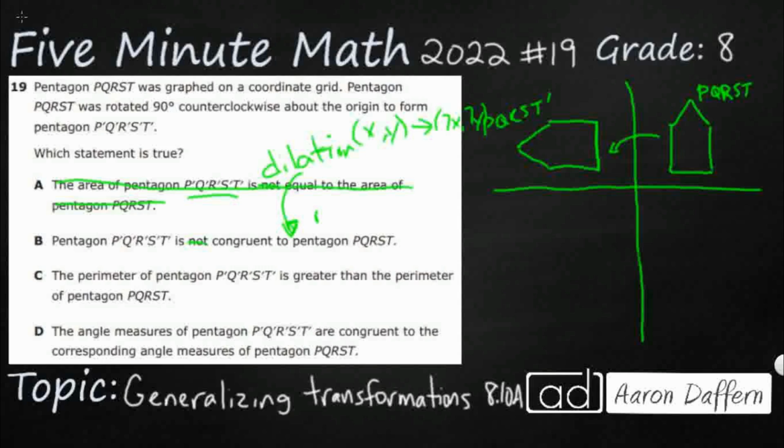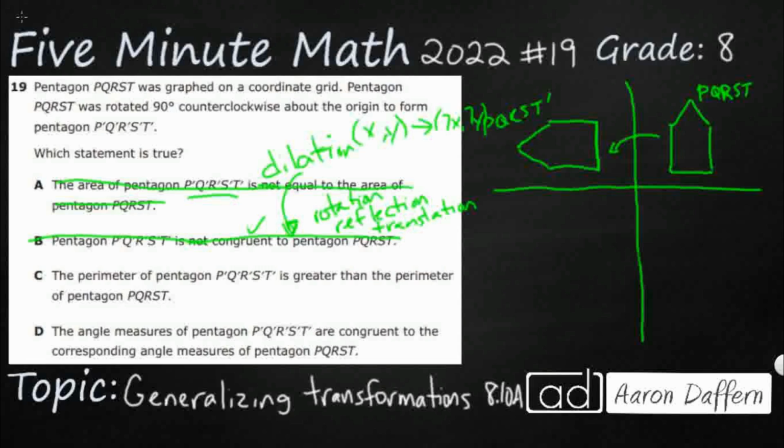But if I do a rotation, which is what I did, if I do a reflection, I flip it across the y-axis or the x-axis, even if I do a translation, which is just a slide, right? 7 units up, 7 units to the left. All of those keep it congruent. These are all congruent because I'm not changing the shape or the size. I'm just moving it. So B is incorrect because it says it's not congruent.